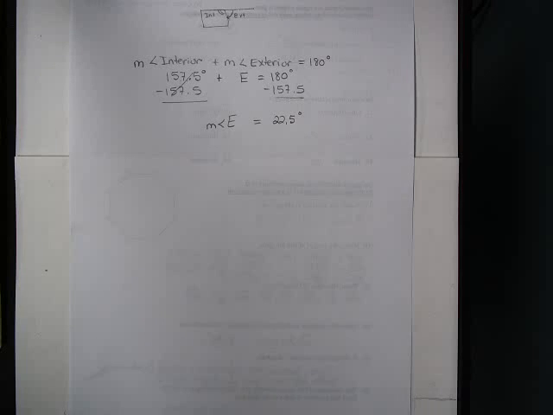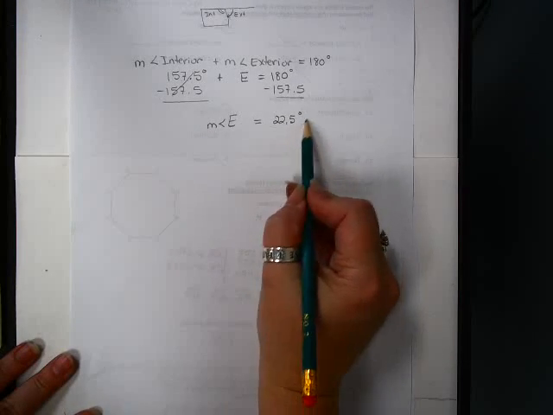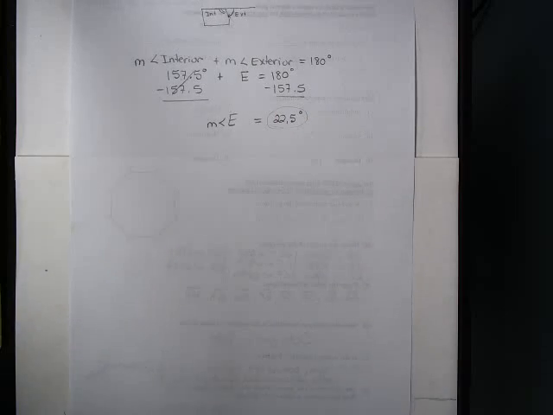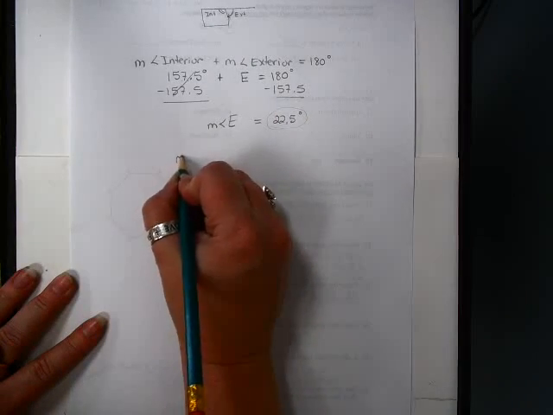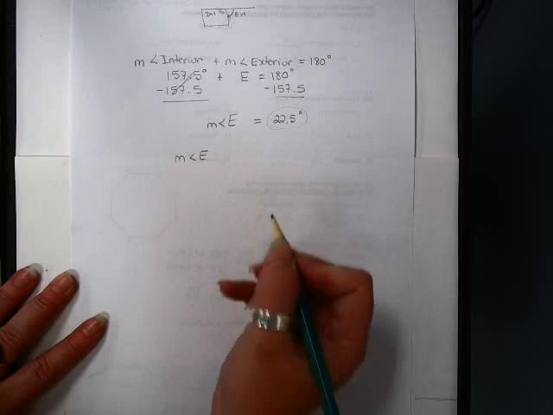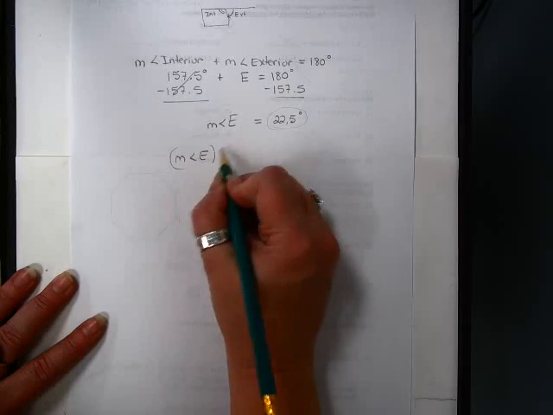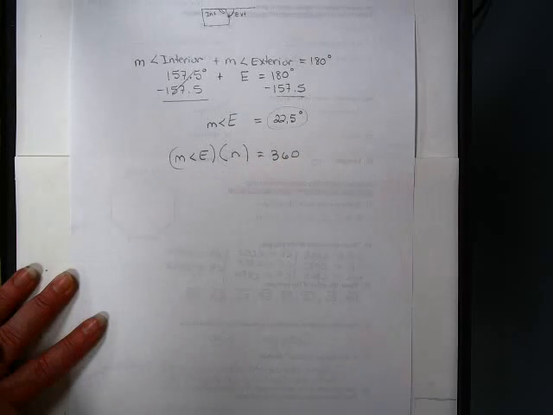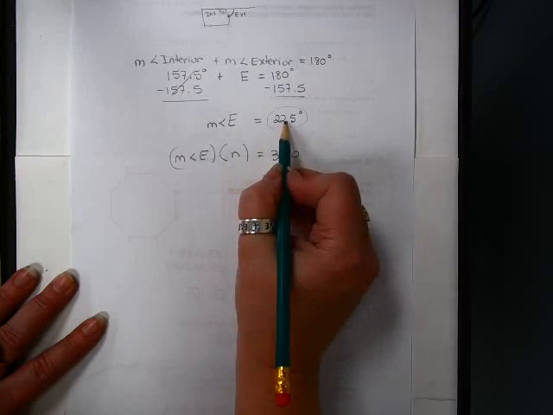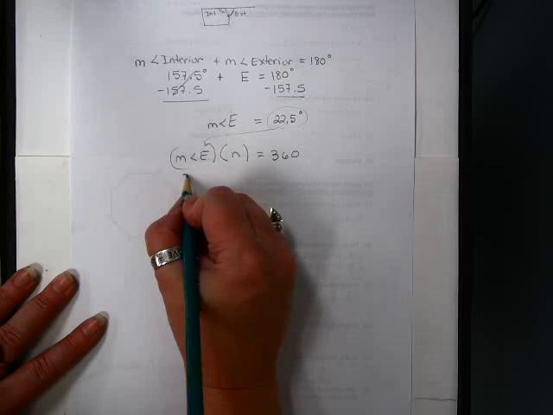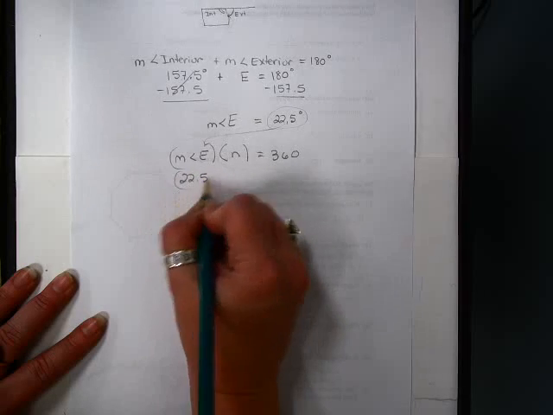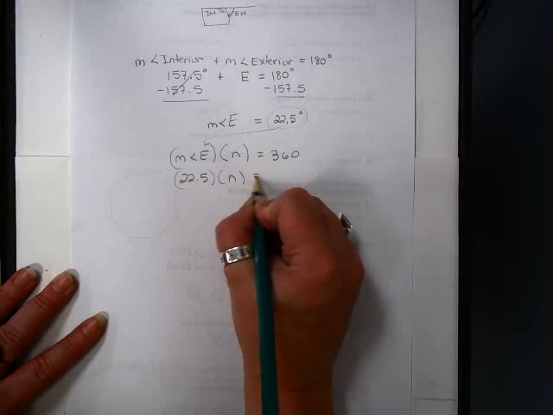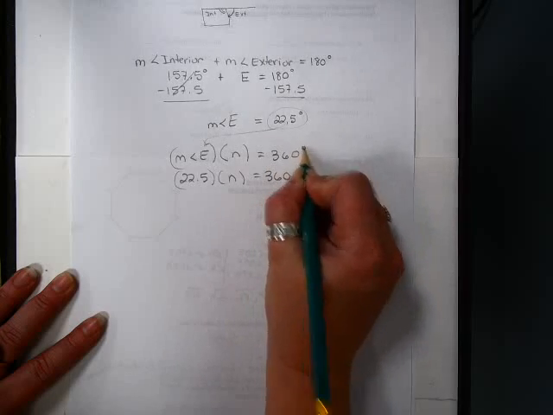All right, so now you know that that's just one of the angles. If you know the measure of an exterior angle times the number of sides it has, it's going to equal 360 degrees. So I'm going to plug this in here, 22.5 times n equals 360 degrees.